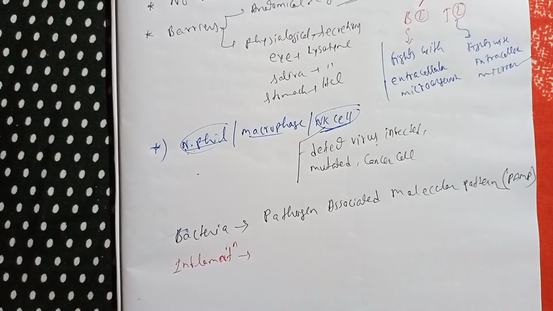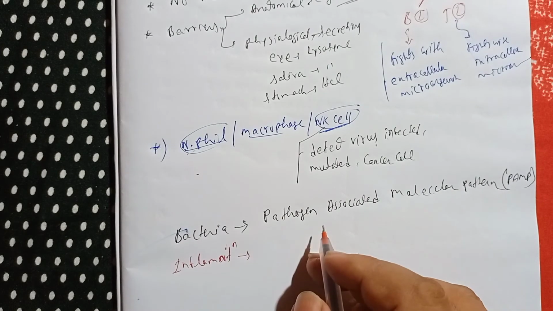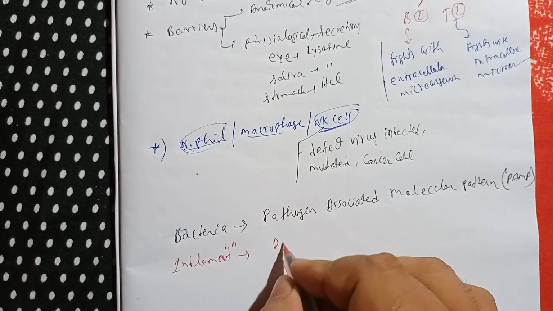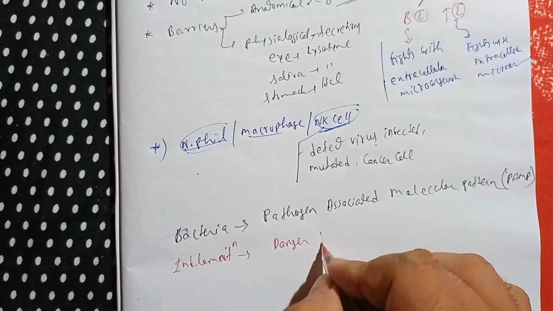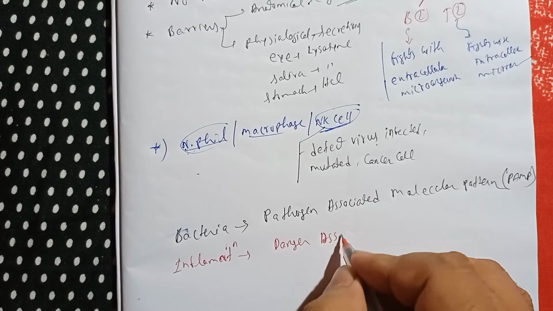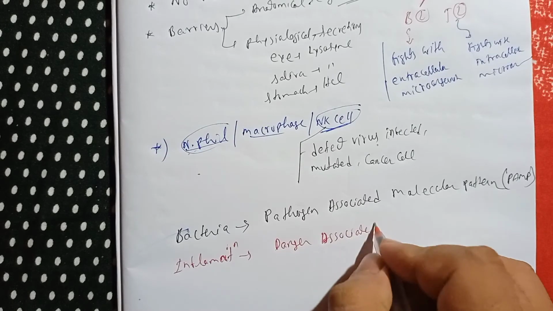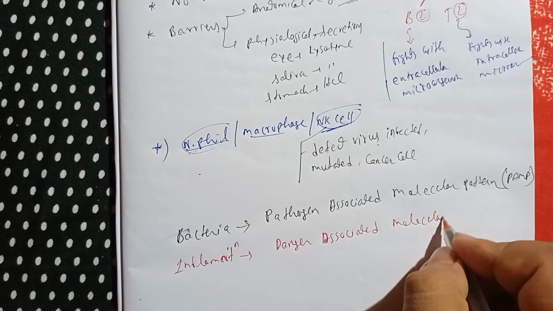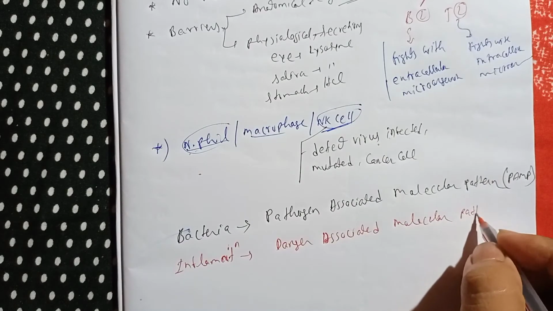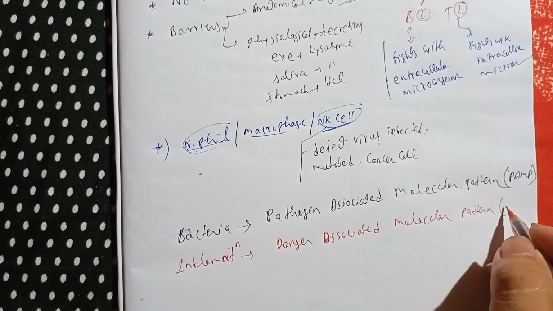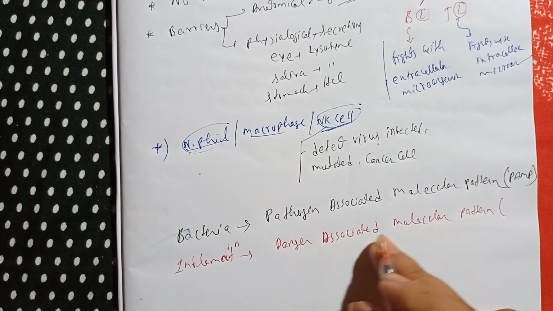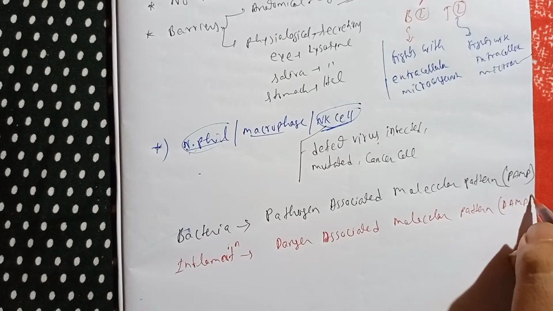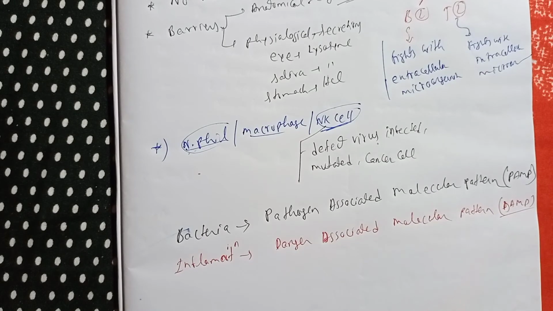There are also chemical mediators that are called danger associated molecular pattern, or briefly, DAMP. DAMP.